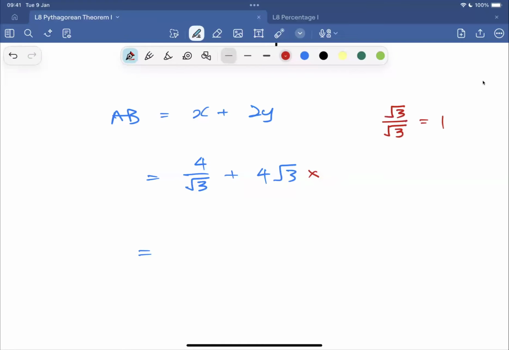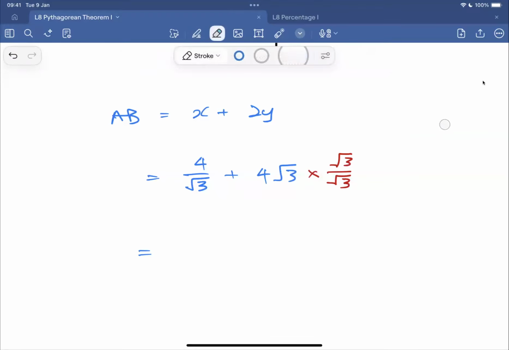So will it do me any harm, and will it change the question if I multiply by this? No. So then the root 3 and 4 over root 3 could be 3, right? Are you going to cancel it out like that?